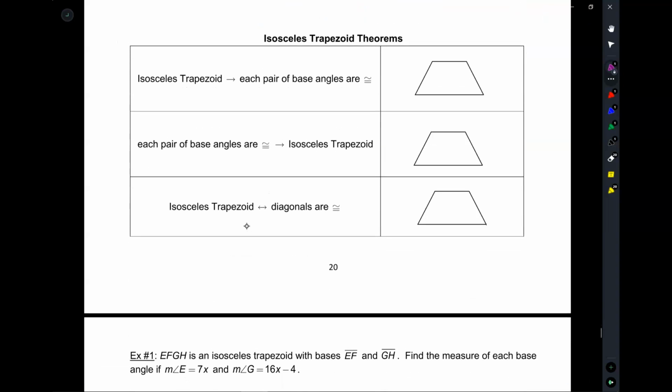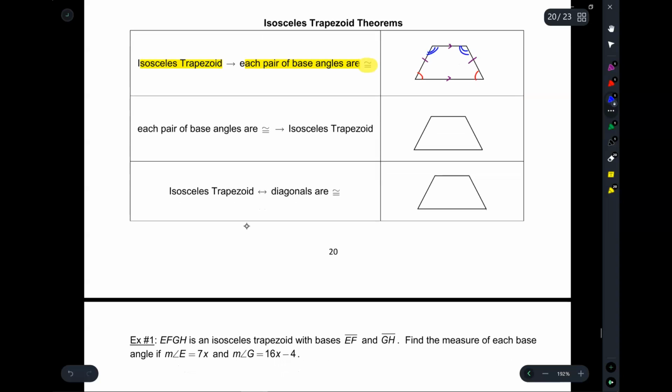Okay, now let's talk about some of the theorems for isosceles trapezoid. The first one is, if you have an isosceles trapezoid, then each pair of base angles are congruent. So for example, the premise is, if these two are congruent to each other, and of course this has to be a trapezoid. If the two legs are congruent to each other, then this pair of base angles is congruent and this pair of base angles is congruent.